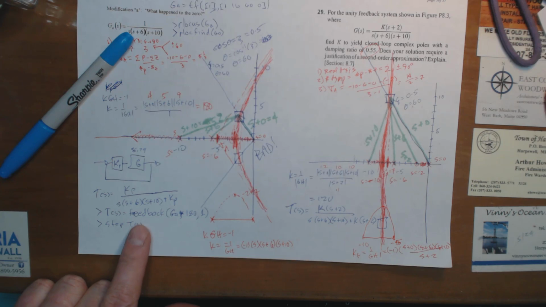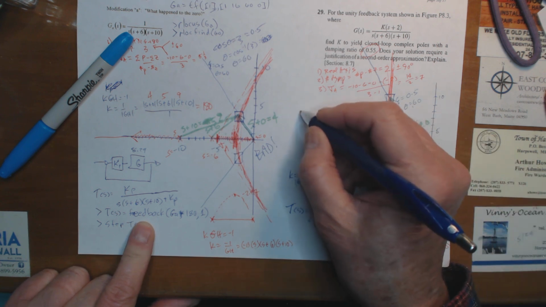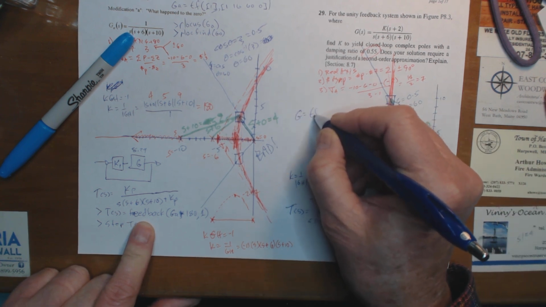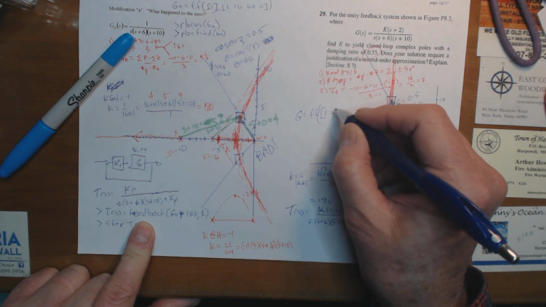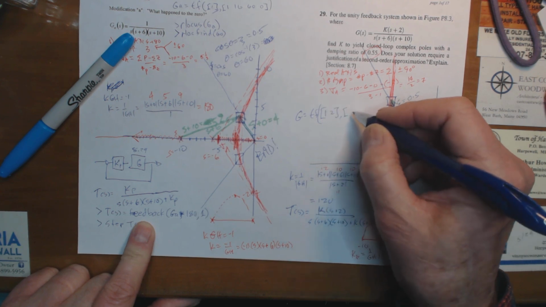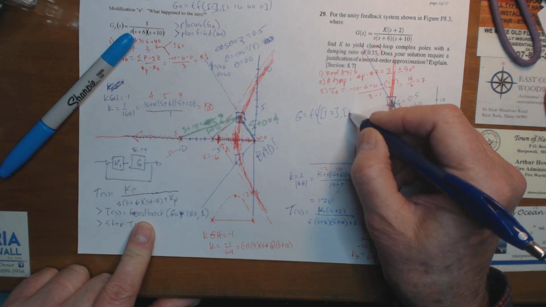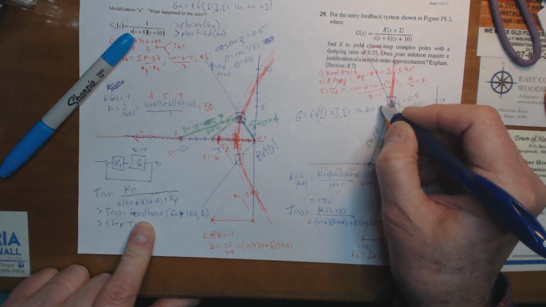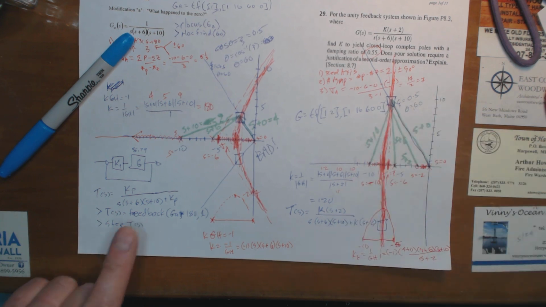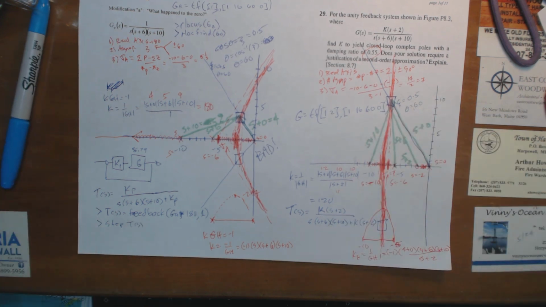You can also use the feedback command, and the only difference is that you have to say that G is equal to the transfer function. In this case, the numerator is 1 plus 2, and what goes on the bottom is s squared plus 16s plus 60 and 0. All right, so those are quick root loci.